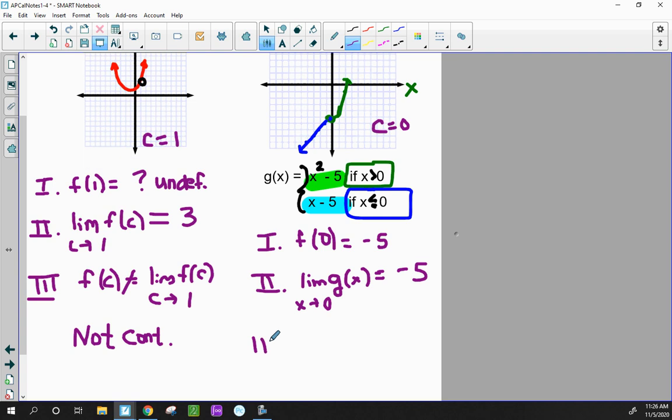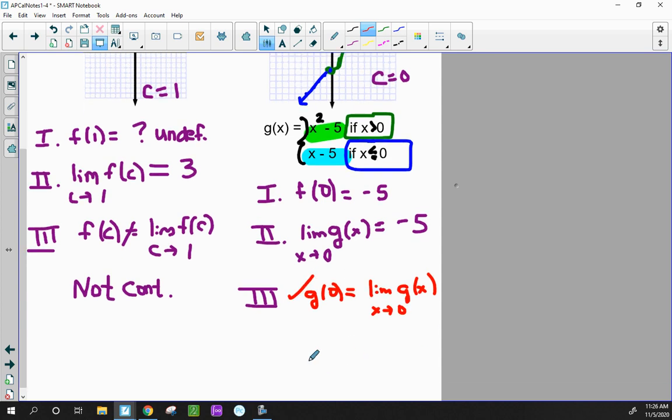And then condition 3: since condition 1 is -5 and condition 2 is -5, since g of 0 is equal to the limit of g of x as x approaches 0, since those are the same answer, check.